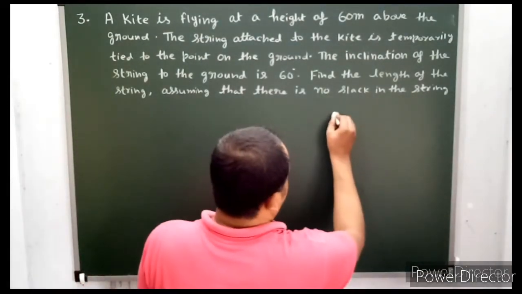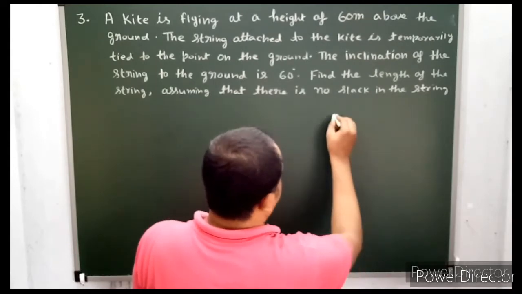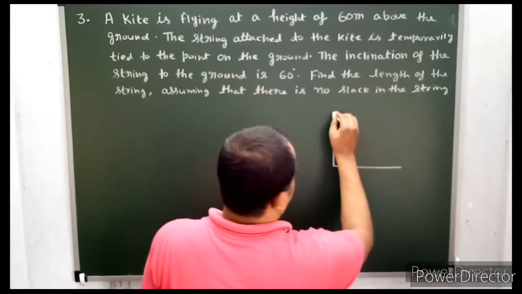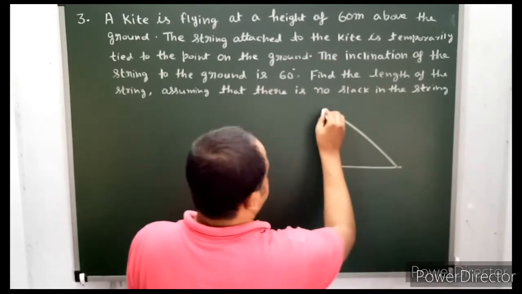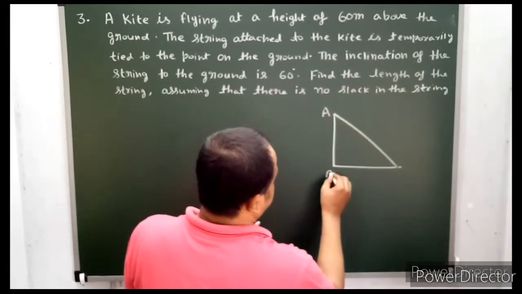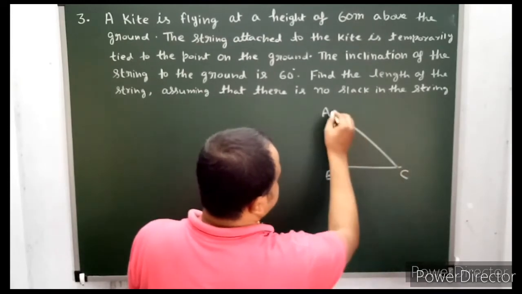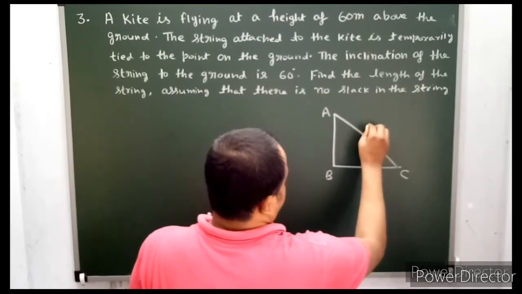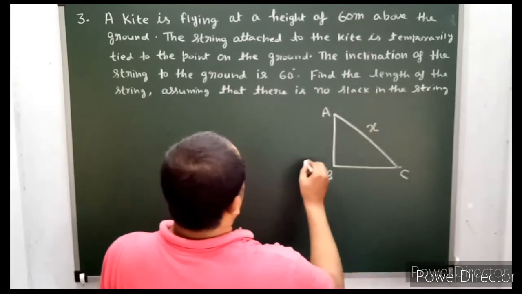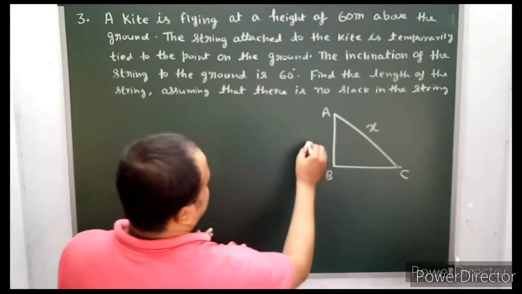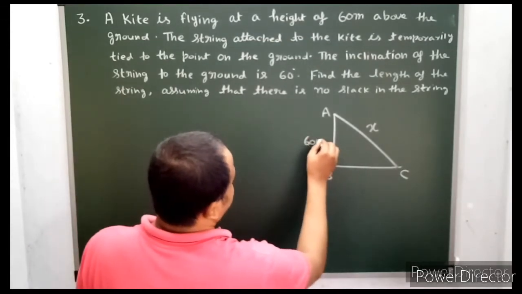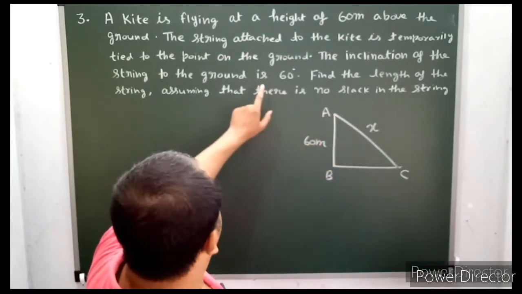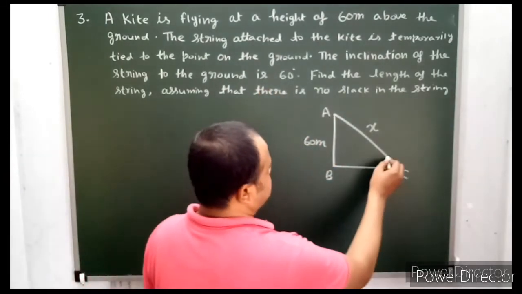If we assume that it is the height where kite is flying, suppose AB is the height of the kite and AC is the length of the string. Suppose length of the string we assume as x and AB, the height of the kite is given here 60 meter. Now this kite is making an angle of 60 degree with the ground.